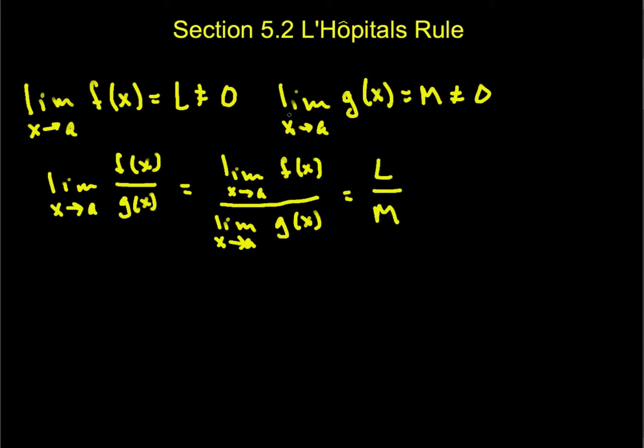So easy case, if the denominator is not 0, then the limit of a ratio is the ratio of the limits, and it's just L over m.